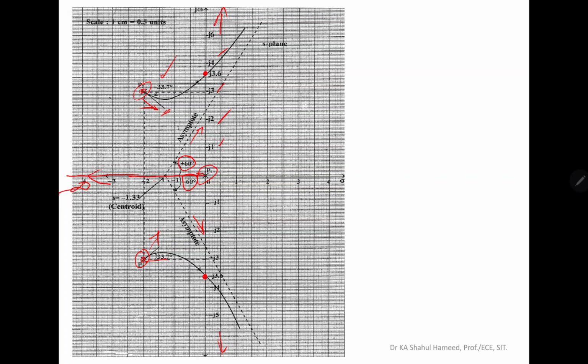Now we have to draw the root locus branch starting from P1, which is parallel to the angle of departure line. After that, it has to touch the crossing point at the imaginary axis. After that, it should be parallel to the asymptote.